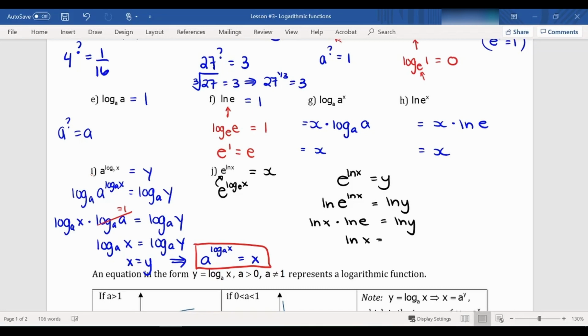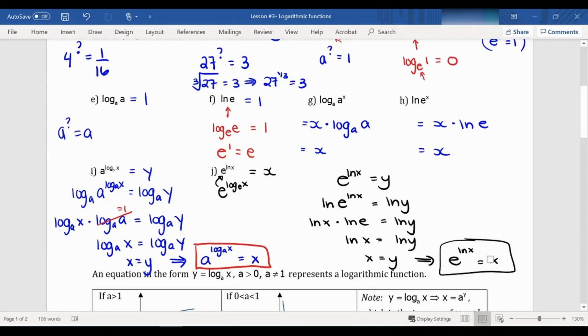So I end up with ln x equals ln y, or x equals y, which means e to the ln x is equal to x. So all of our log laws that we're used to using from grade 12 apply to ln as well. All ln is, our natural logarithm, is a log with base e.